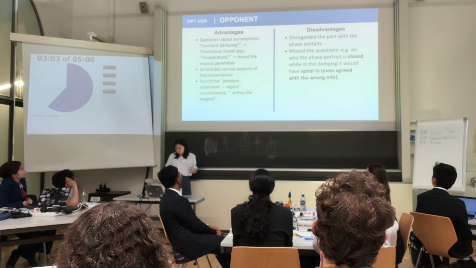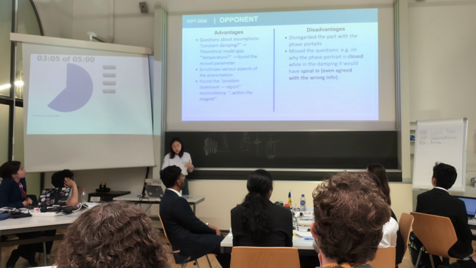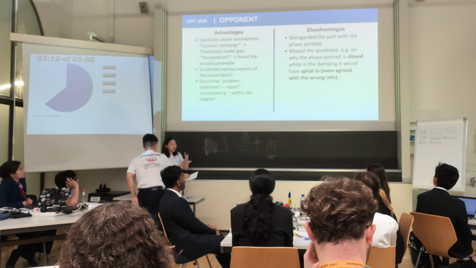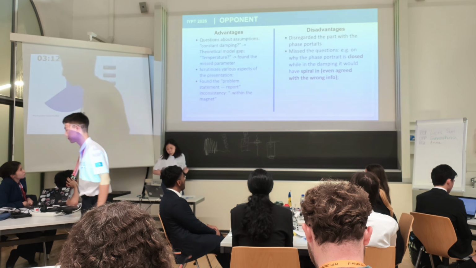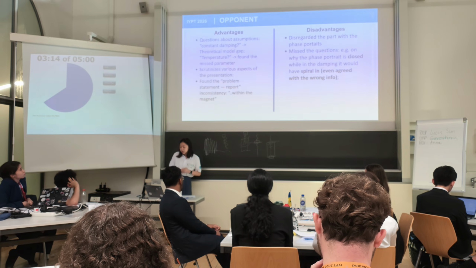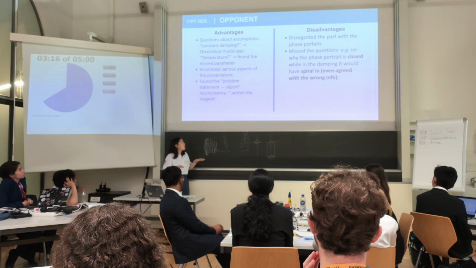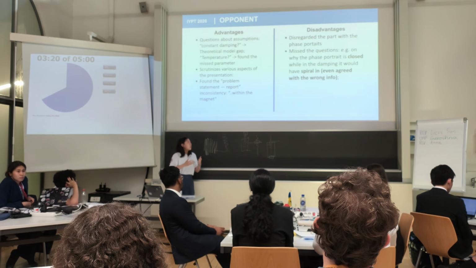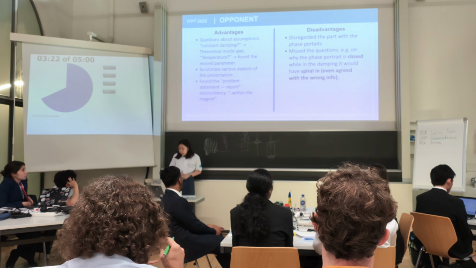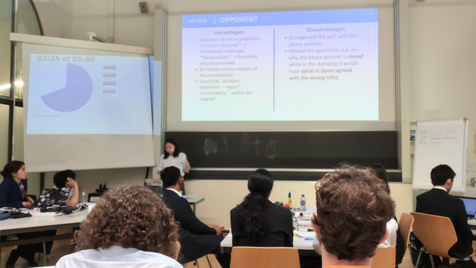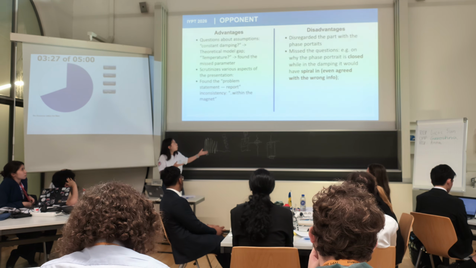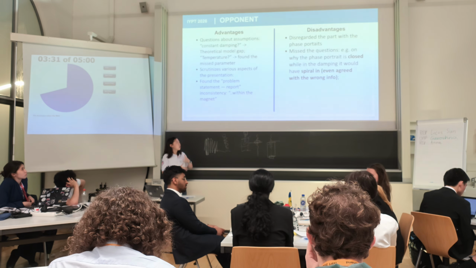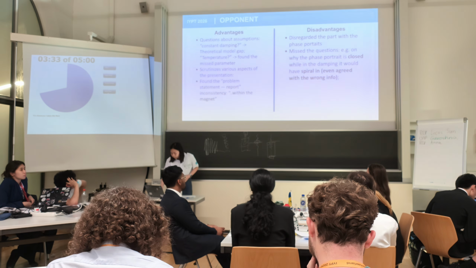Next, they found the problem that the second part with the phase portraits does not really link to the problem statement. For the disadvantages, they completely disregarded the part with the phase portraits, while it could actually be investigated a little bit more. They missed several questions on phase portraits and the fact that this is actually kind of an incorrect shape.